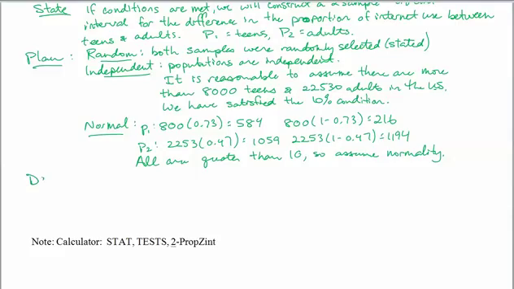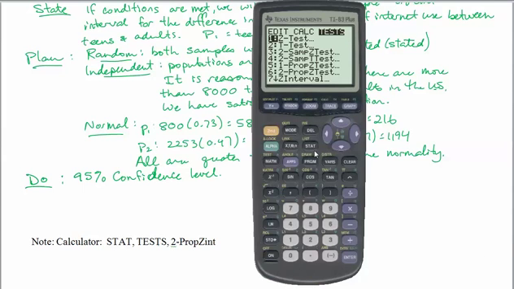For our do, we will be doing a 95% confidence level. And so on our calculator we will do stat, tests, 2-PropZInt. I've gone to stat tests and 2-PropZInt.